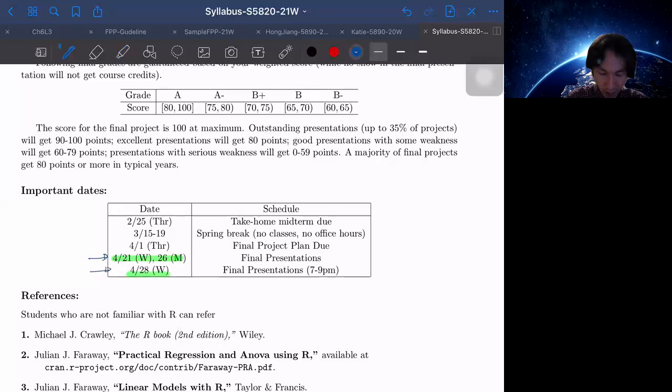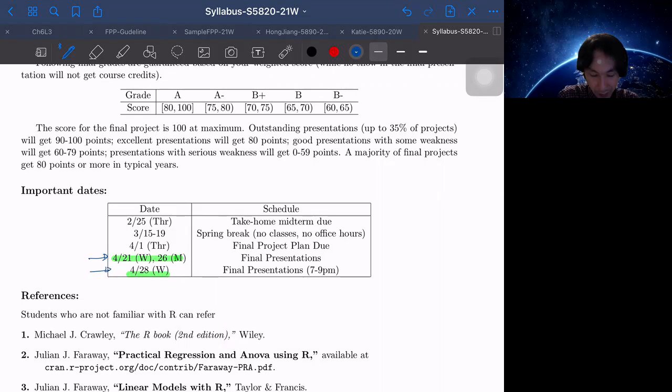Possibly 28th. So I review the final project plans for the presentation on 21st at first. Then after that, I review the final project plans for 26th and possibly 28th. So these are the deadlines. After the presentation, you have to submit the file.